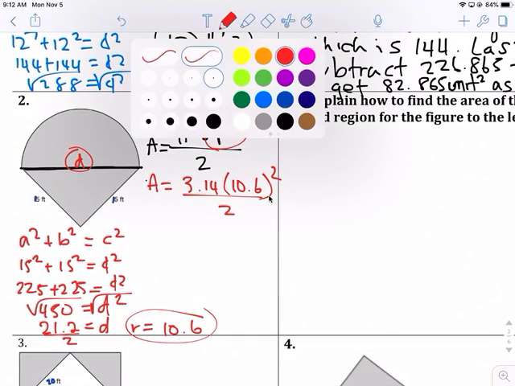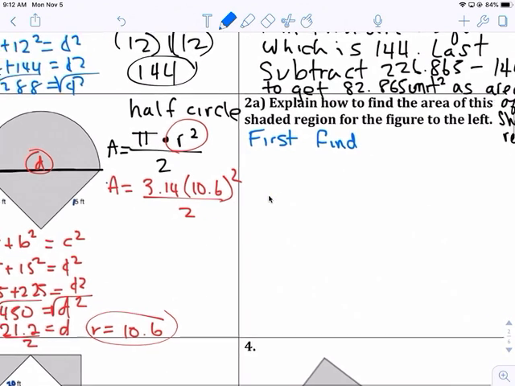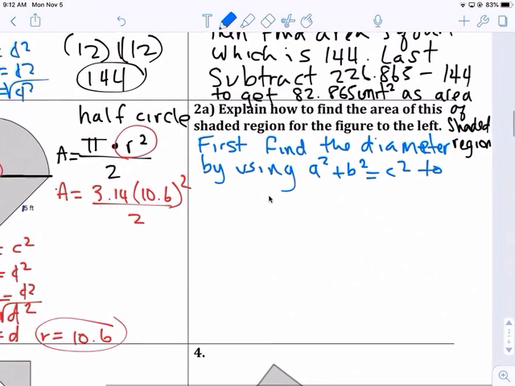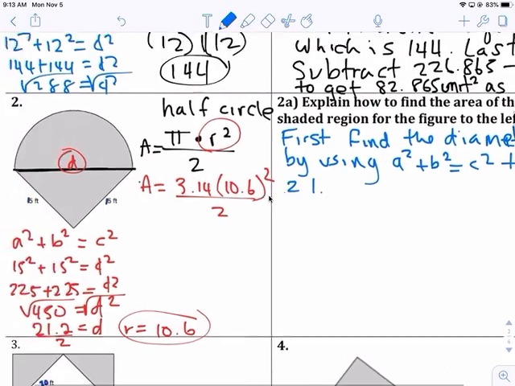So, explain how to find the area of the shaded region. First, find the diameter by using the Pythagorean Theorem. Either use the words Pythagorean Theorem, or you can do a squared plus b squared, to get 21.2.